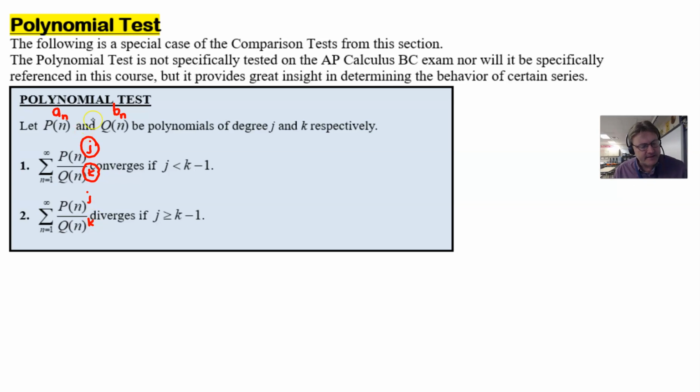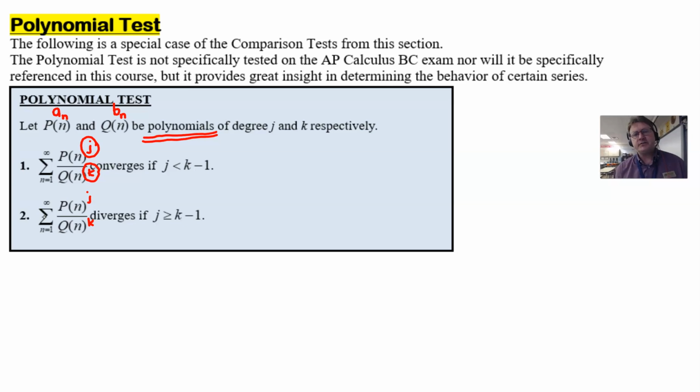And remember that this can only work when you've got polynomials. I'll be honest, most of my students think, one more test, no thank you. And they just rely on the limit comparison test, even though it might take a few steps. But if you're looking at some multiple choice questions where you don't have to be so meticulous and show your work, and you have an understanding of this, it can be a little bit of a time saver.